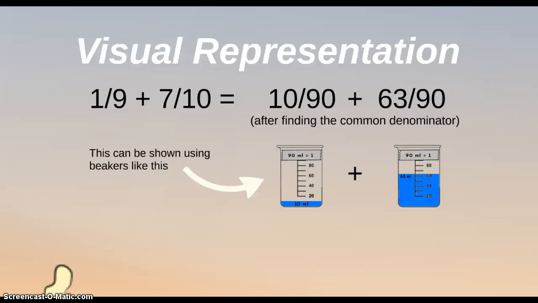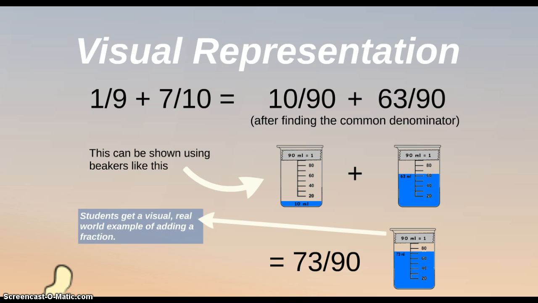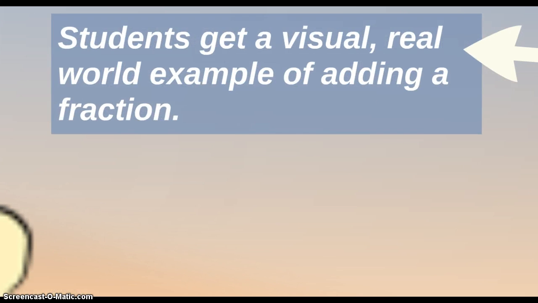So 90 milliliters over 90 milliliters is 1, for example. And then you put 10 milliliters to represent 10 over 90, 63 milliliters to represent 63 over 90, and then you dump one beaker into the other, and you come out with 73 milliliters in one beaker. And this is a visual, real-world example of adding a fraction.